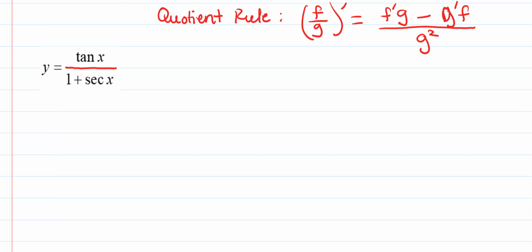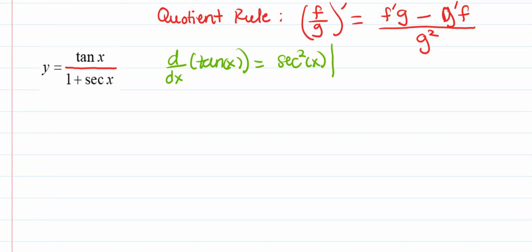That's the quotient rule. And then another thing that you will need to know is the derivative of tangent of x, right? The derivative of tangent of x is secant square of x.